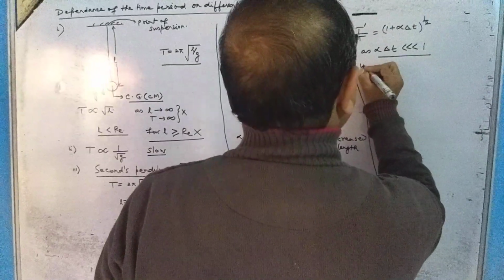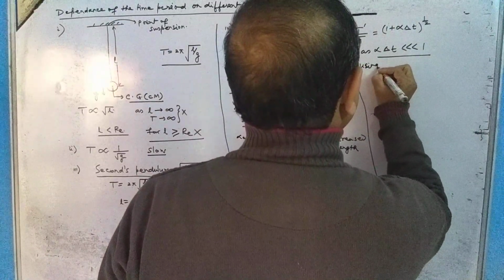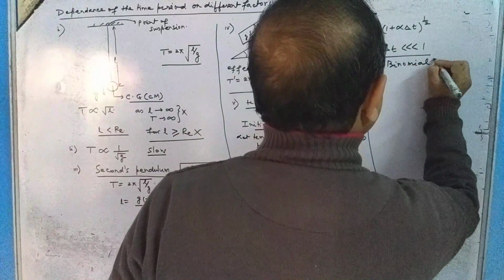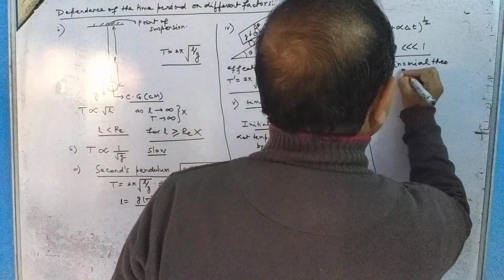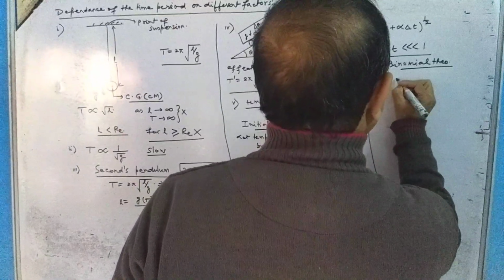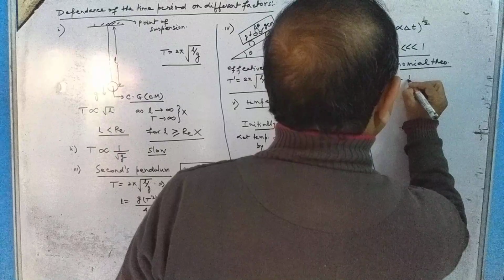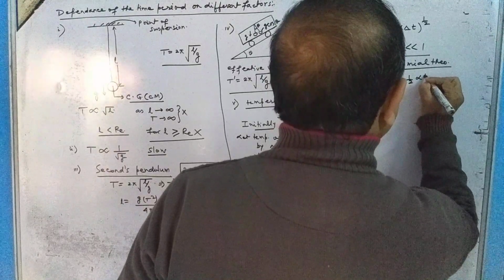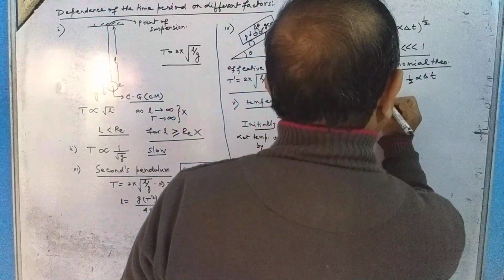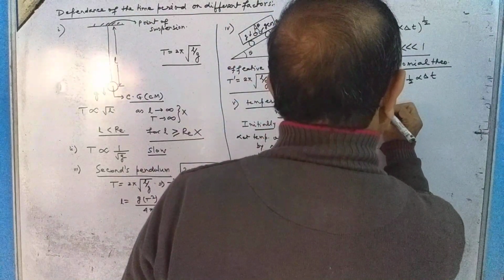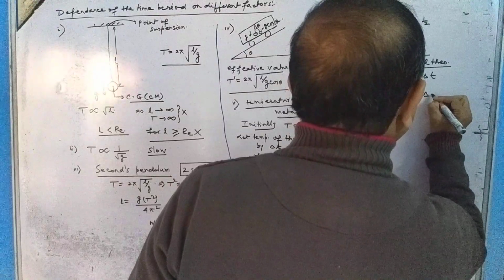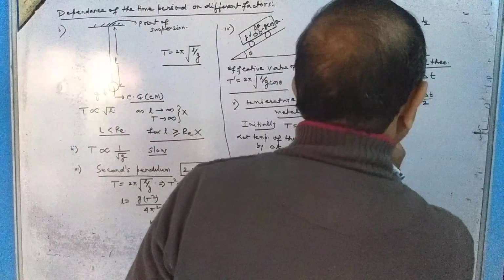So, using binomial theorem, what shall we get? T dash by T is equal to 1 plus half alpha delta T. Very simple. So T dash by T minus 1 is equal to alpha delta T by 2.